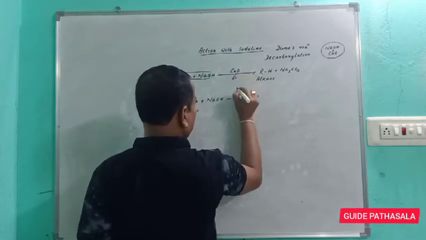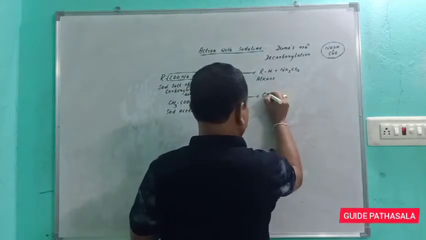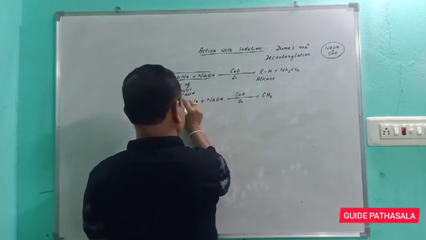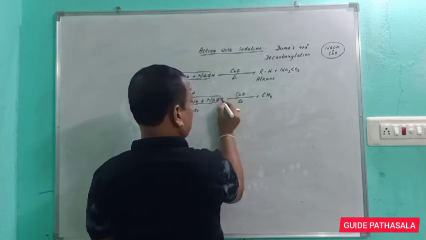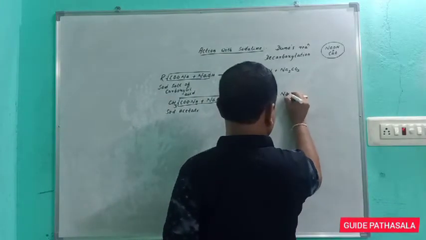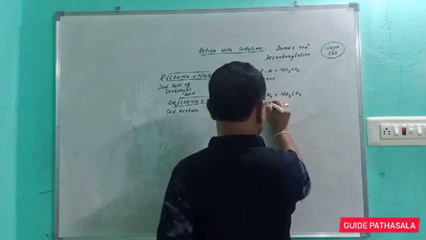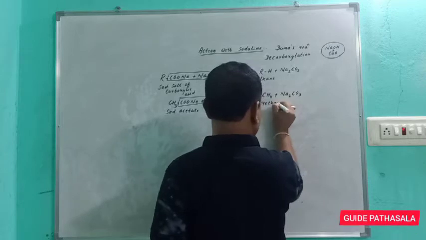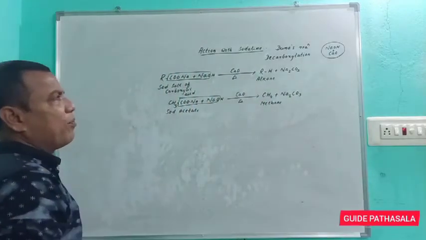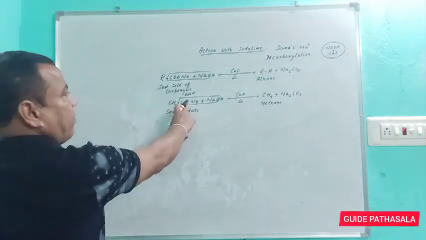Heat it. Then alkane is formed, that is methane, CH4. CH3 combines with this H to form CH4 plus Na2CO3. This is your methane. This reaction is known as Dumas reaction, and the process is called decarboxylation, as removal of carbon dioxide.